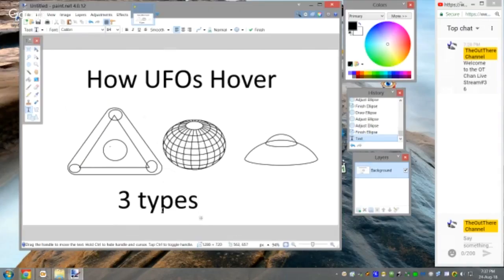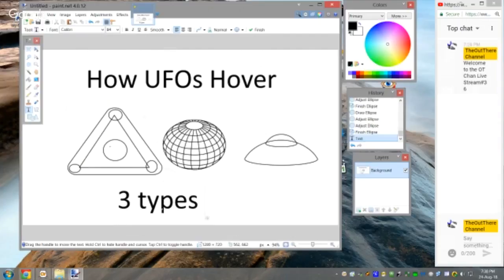Some of them have taller bell-shaped bits in the middle, and spheres might have little bits sticking out the sides, and the triangle ones, you got V craft, which could be similar to the triangles, and could be military ones as well. 3 types generally.